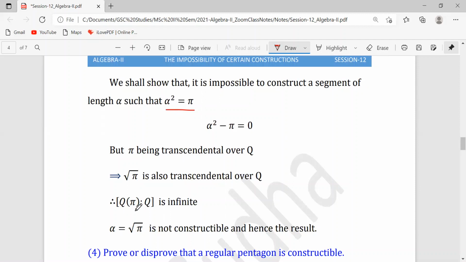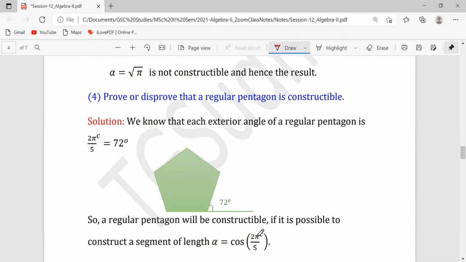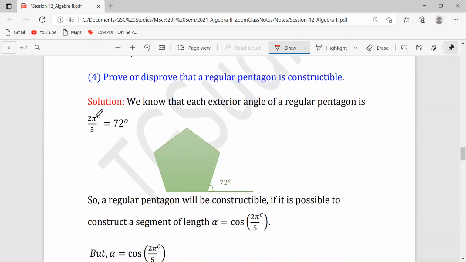Therefore, Q of pi over Q is infinite. Since this is infinite, there is no question of whether we can write this as some power of 2. Therefore, alpha equal to root pi is not constructible, and hence the result. So you can't construct a square whose area is equal to pi units. Next, let us move on to the next example.